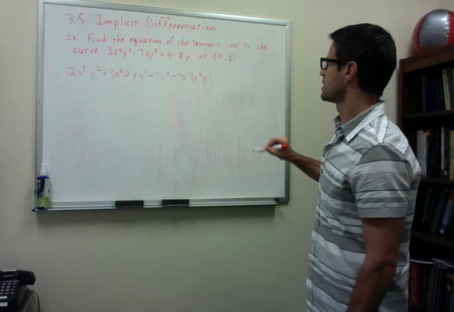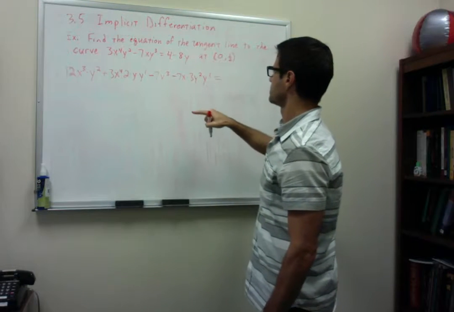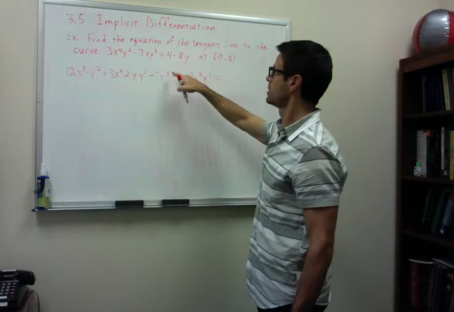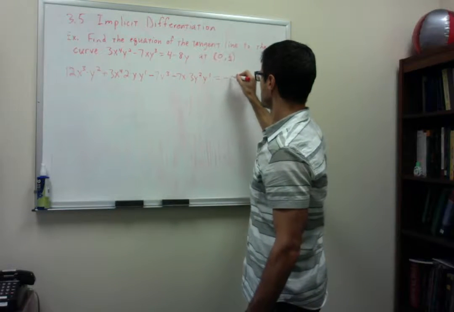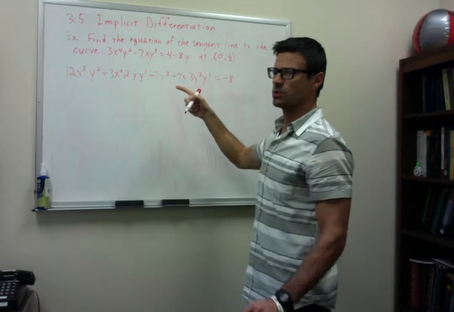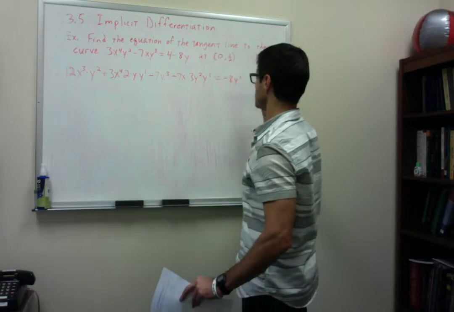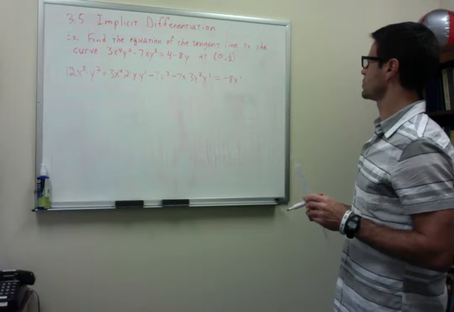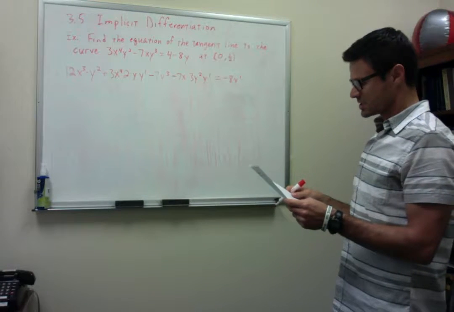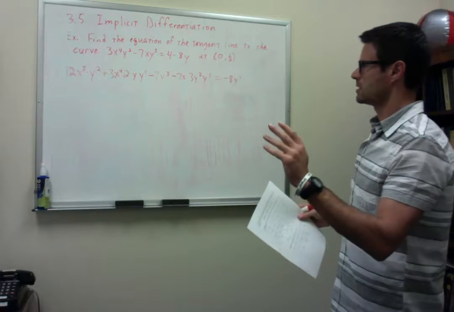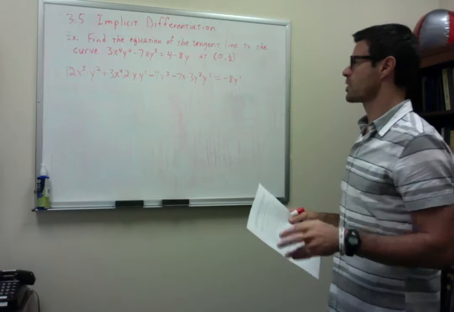This must all equal the derivative of the 4, which is a constant, so that derivative is 0, and then minus 8 times the derivative of y, which is 1, and then times, of course, y prime, because we're differentiating a y term. With this now, I want to move y prime terms to the left, non-y prime terms to the right.